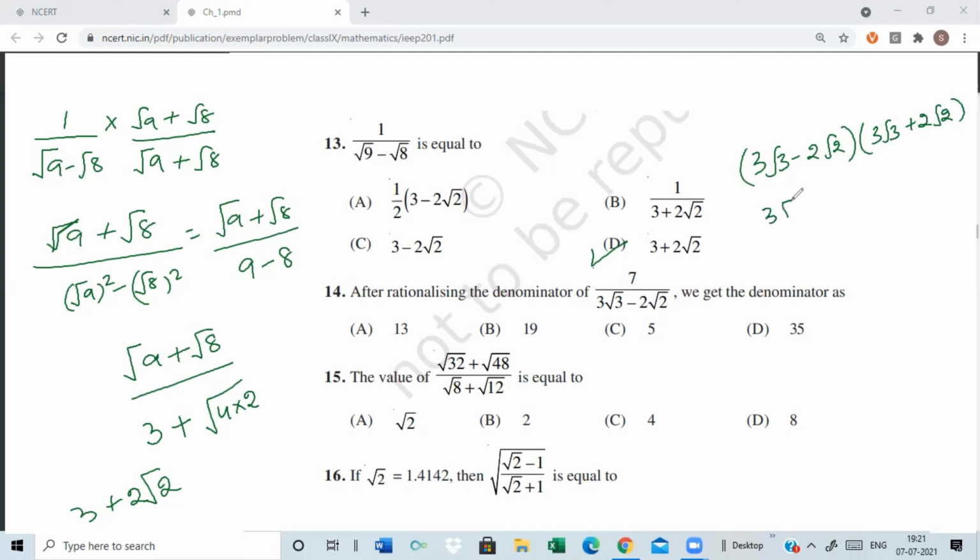So this is 3 root 3 whole squared minus 2 root 2 whole squared, using the a squared minus b squared identity. If we square 3 root 3, it will be 9 times 3, 27, minus 4 times 2, which is 8. So 27 minus 8 is 19. So 19 is the answer here.